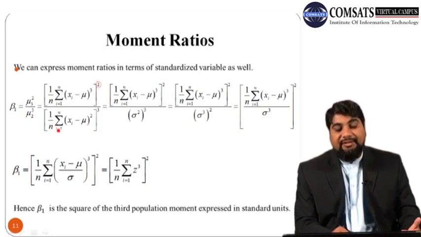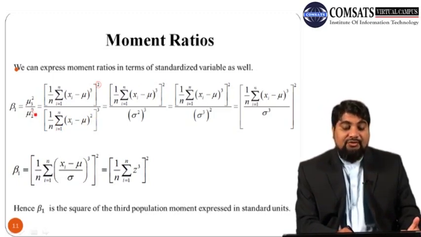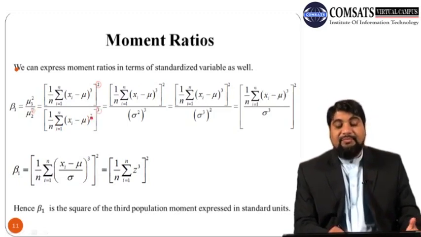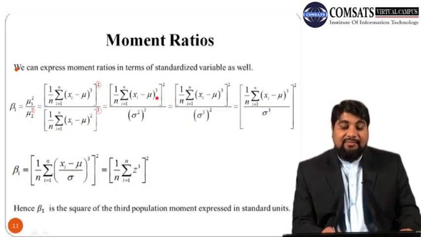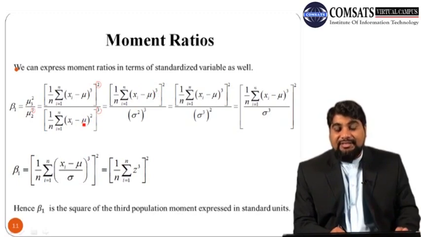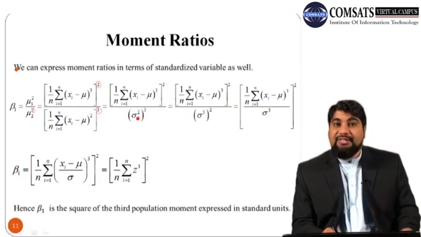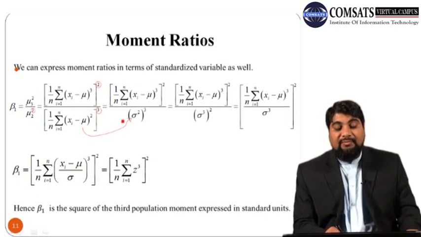So it is 1 over n into the summation of xi minus mu whole square, and we have to take the cube of it. In the next step, write the numerator as it is, and as far as this denominator is concerned, we know that this is sigma square, which is called the variance. So write this expression as sigma square, and this cube as it is.